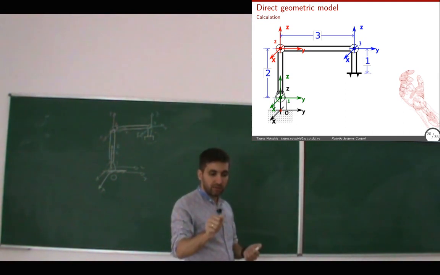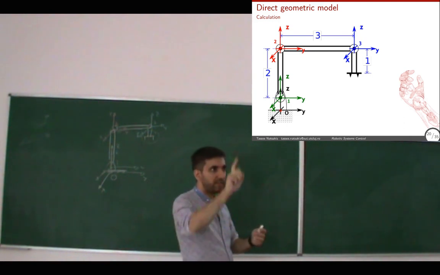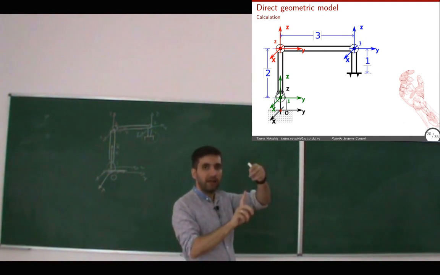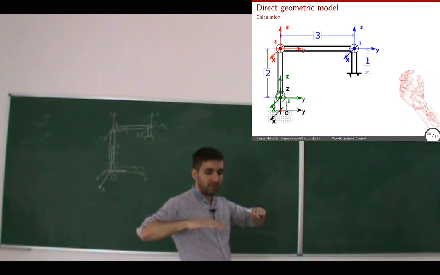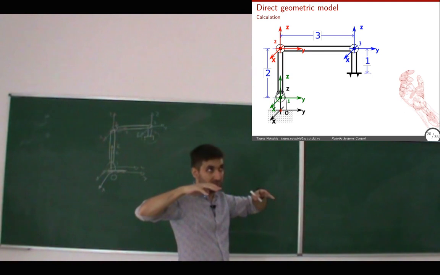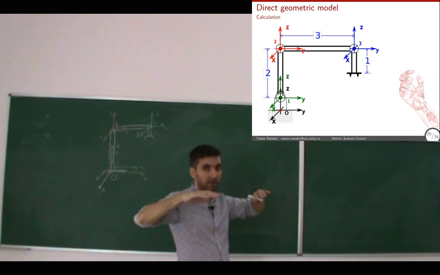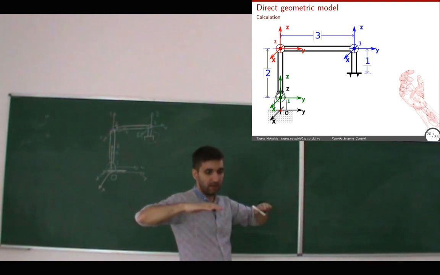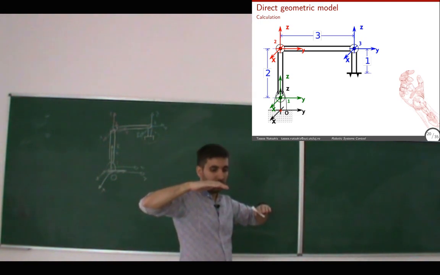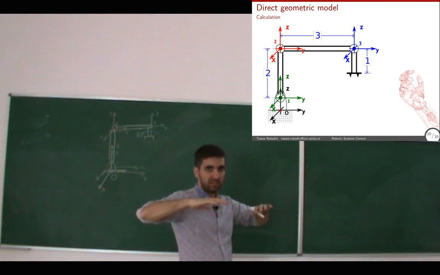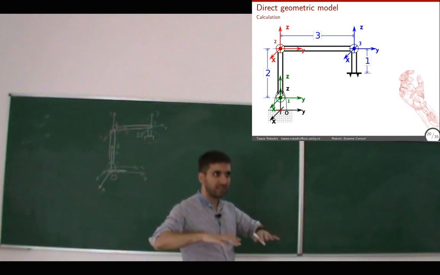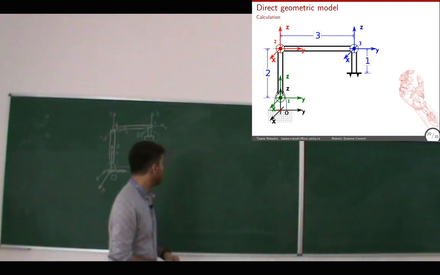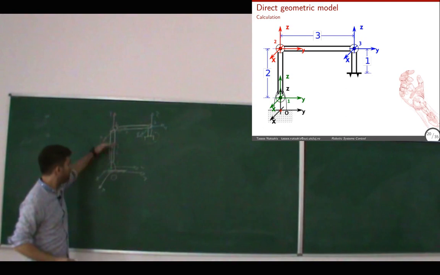Translation on z. So what would have happened if I had translation on z? The two z's would be aligned, and the x green would be just translated from the x black, but the orientation would not change, and the green y would be just translated from the black y without changing its orientation. And that's what happens. The orientation does not change, so I just have a translation by moving on which direction?